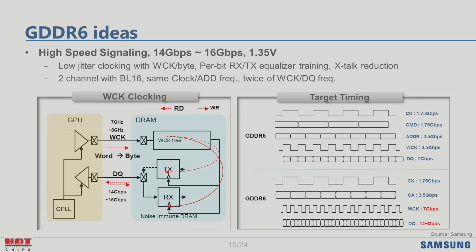Furthermore, to maintain the same core cycle, we changed the burst length to 16, and for data granularity, we changed to 2 channels by 32. However, GDDR6 can support 16 Gbps using the same clock and the same address frequency.